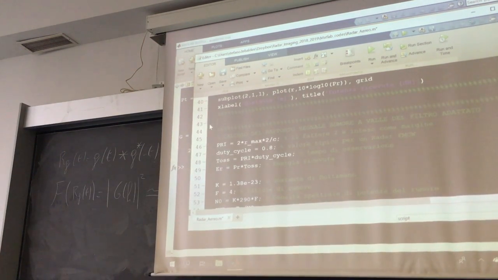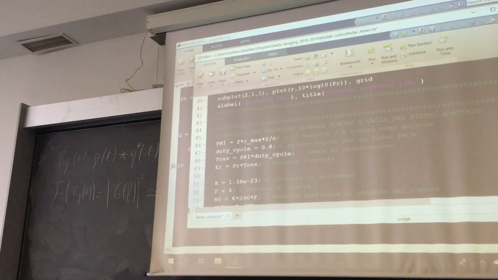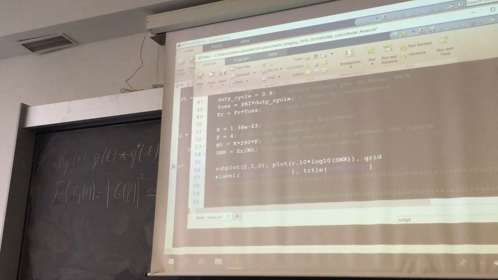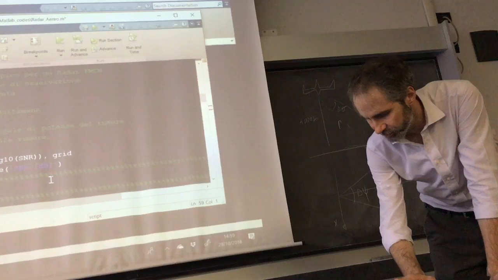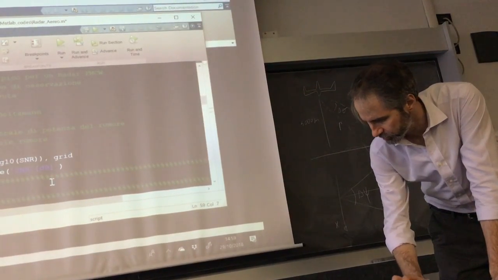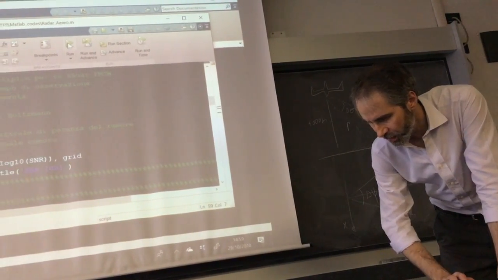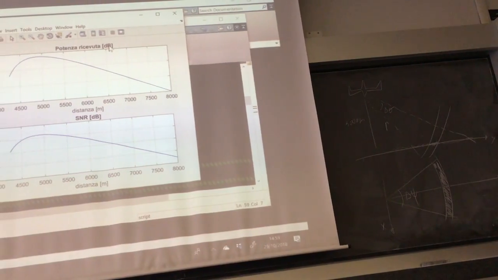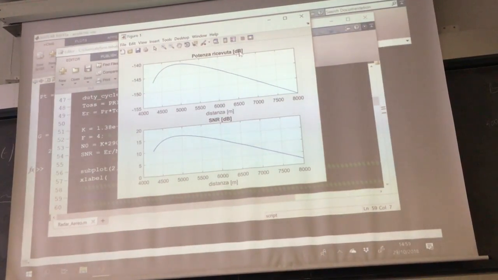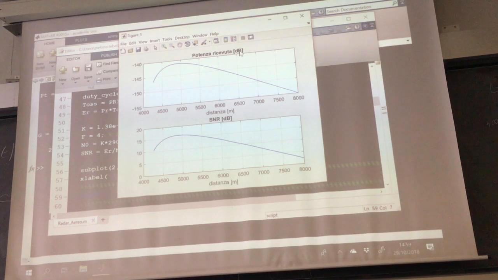And this is your signal to noise ratio after matched filtering. So it goes to 10, then 15, 16, and goes down to less than 5 at the end. But it's not bad.